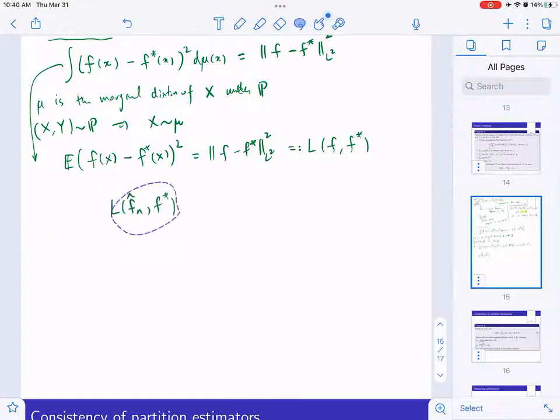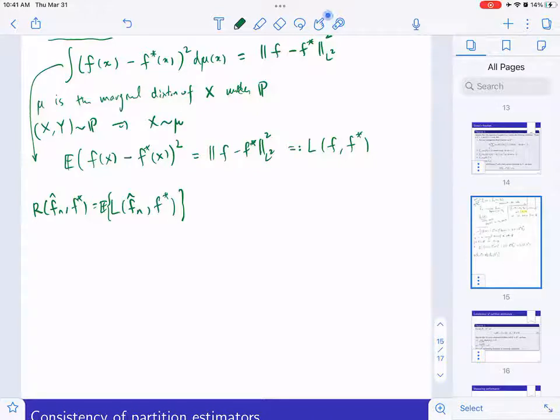The expectation of this, in the language of 200B or decision theory, is called the risk. Then I take the expectation under the randomness of Dn, because the only randomness that remains is that. So this is now a deterministic quantity, and I can say this goes to 0.